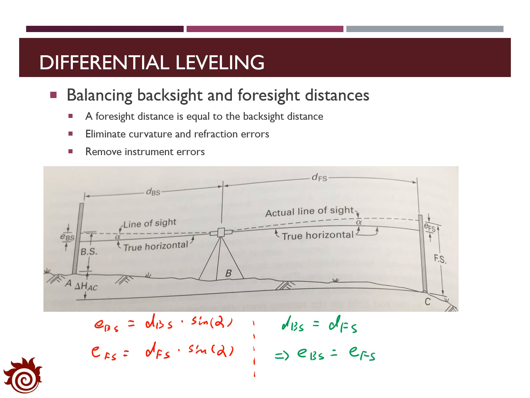Then the same amount of error will be applied to the readings at the two rods. With that, we can cancel the errors from the instrument. This also applies to the errors caused by curvature and refraction. So we can still use the difference between the readings on these two rods as the true vertical distance.